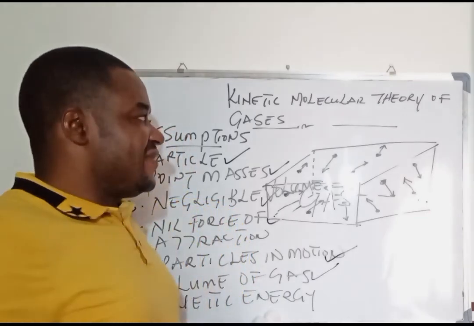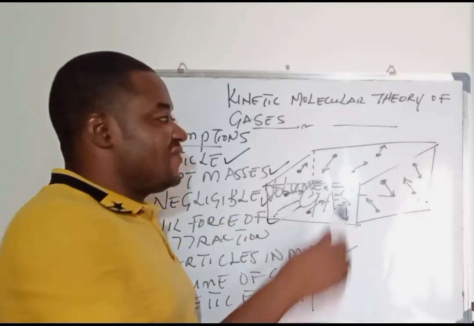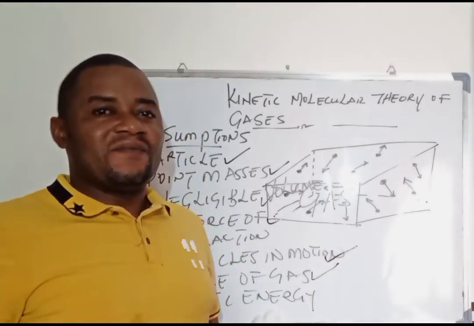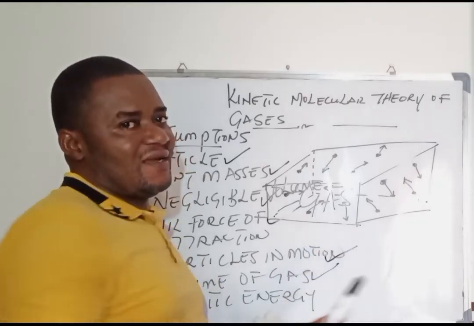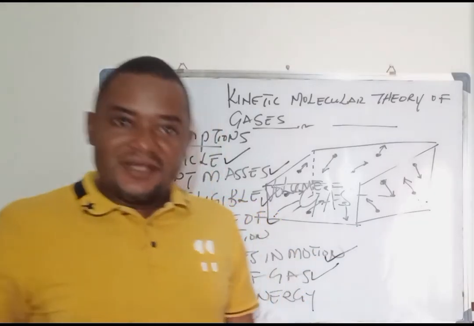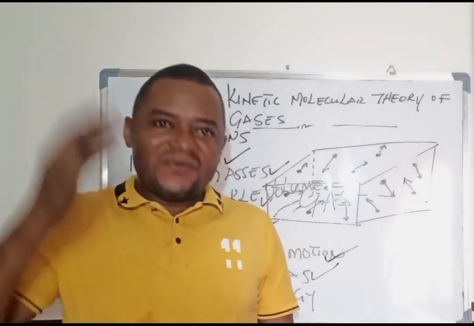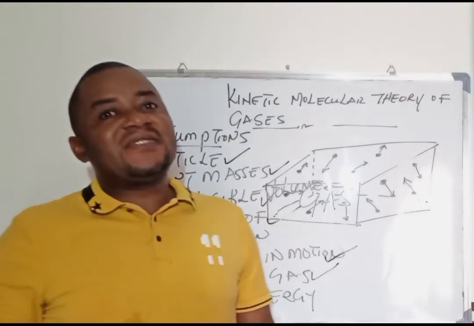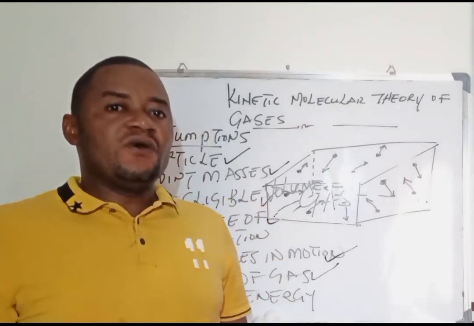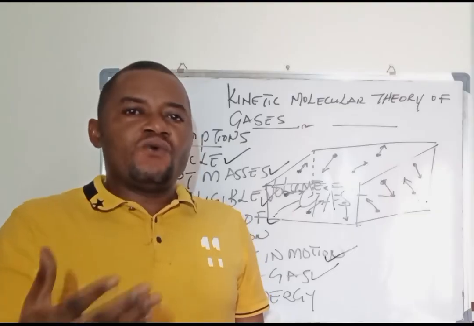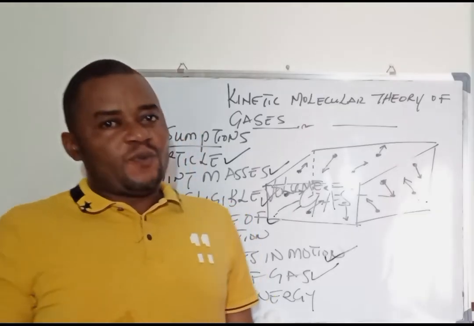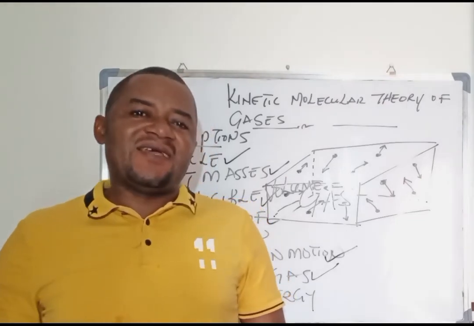Therefore, you can only decide the volume of these individual particles of the gas by looking at the volume of the container. So by that, the assumption is that a gas does not have a volume of its own. It only takes the volume of the container it is in. So for every gas you want to measure, its volume is proportional to the volume of the container.